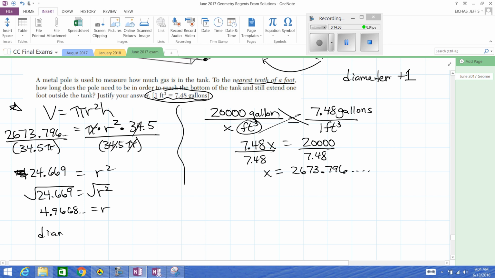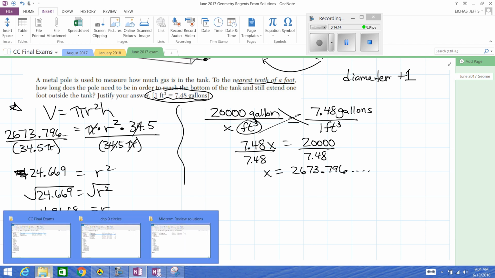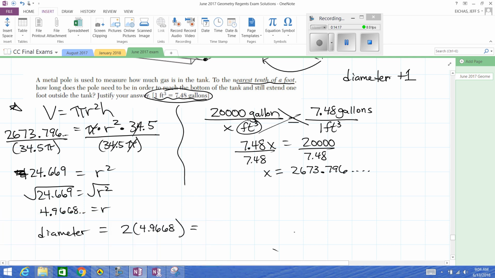So diameter is 2 of those, 4.9668, which is, let's see, 9.93. Now we have to add 1 to get a foot of clearance, I guess. So that's going to be 10.9 to the nearest tenth of a foot.